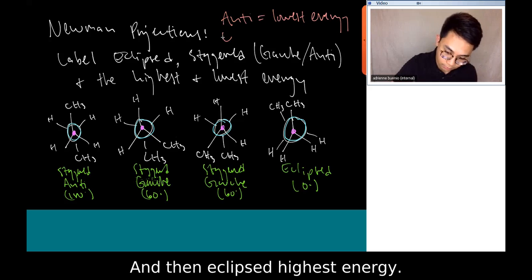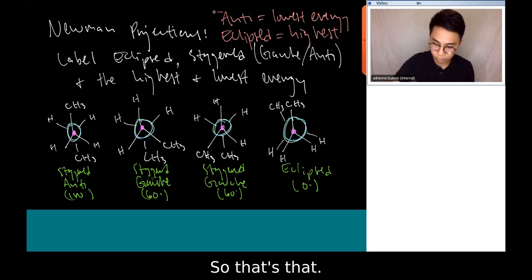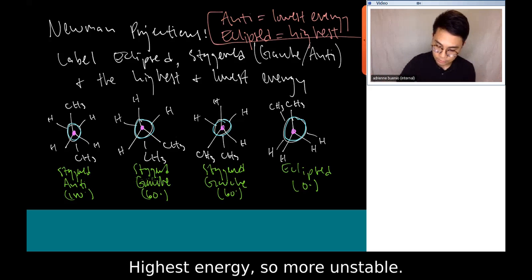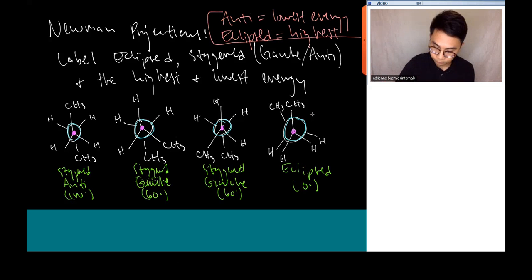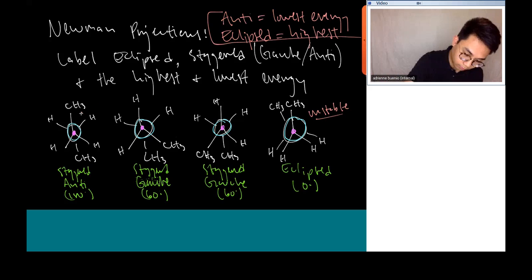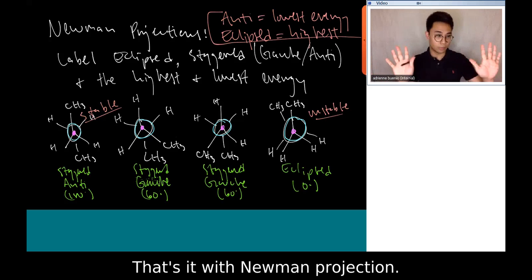And then eclipsed, highest energy. So highest energy, so more unstable. Unstable, stable. That's it with Newman projection.